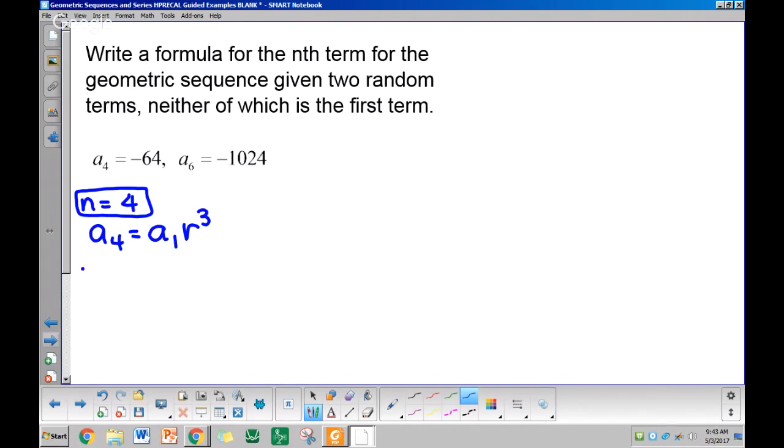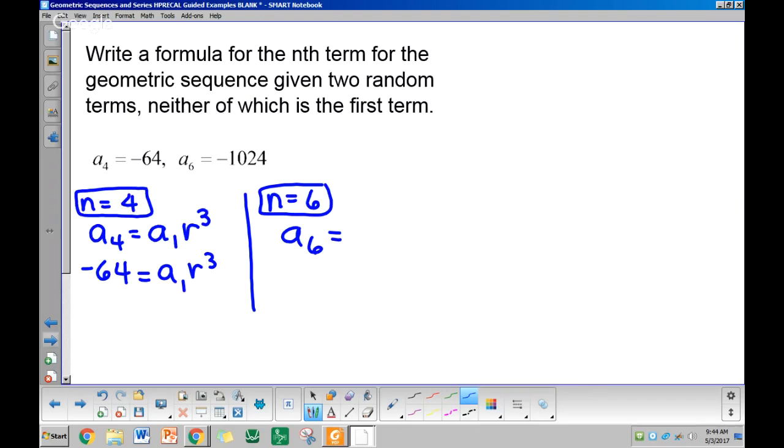And that means I know negative 64 equals A sub 1 R to the third. Okay? And then they're also telling us that n equals 6. So I know A sub 6 is going to equal A sub 1, which I don't know, R to the fifth.